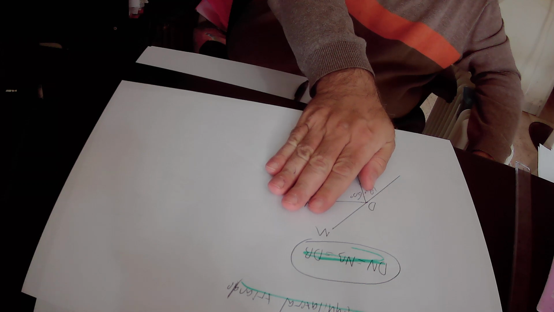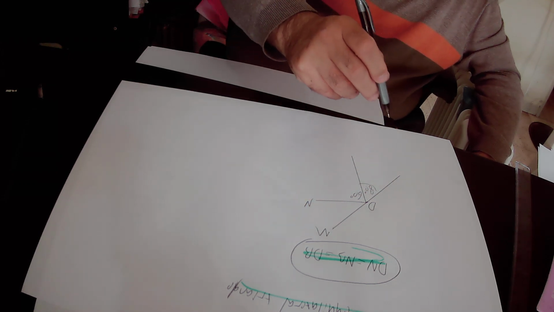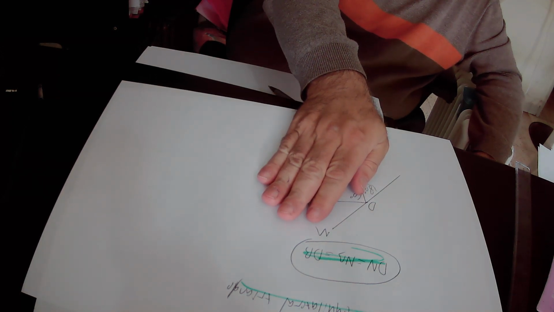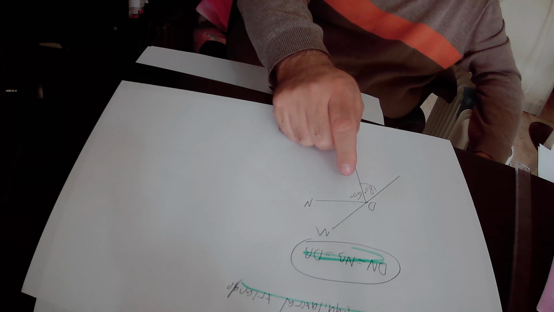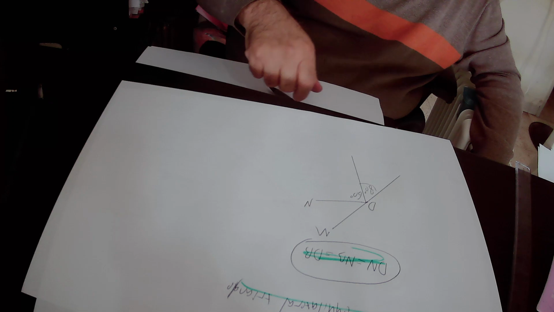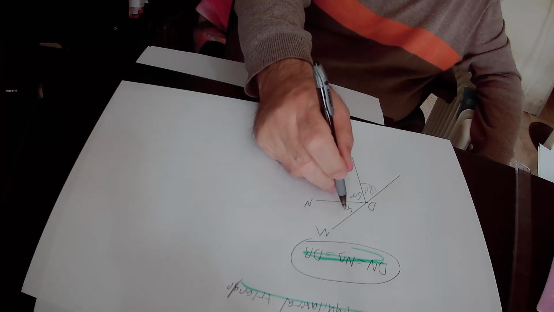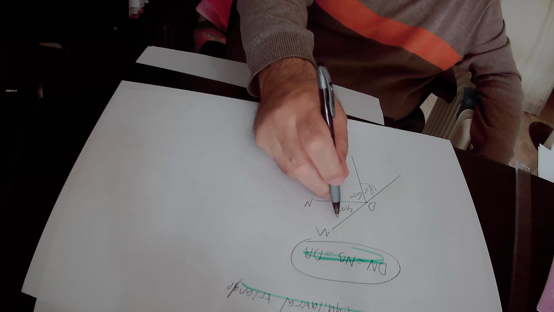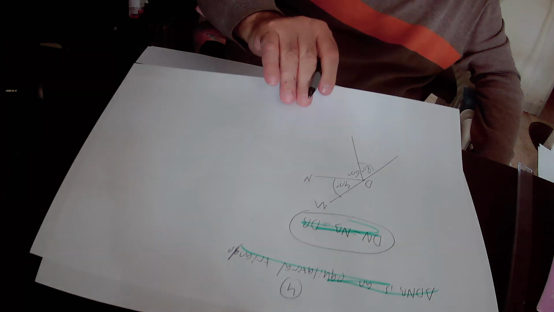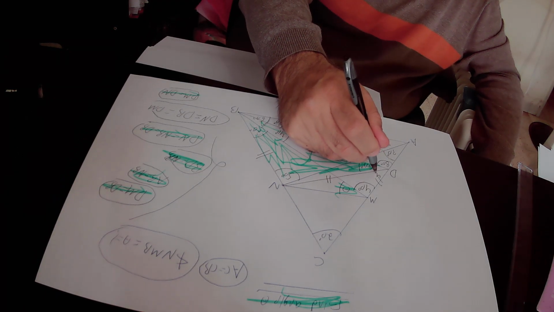So 80 degrees plus 60 degrees is 140 degrees. Therefore, the missing angle must be 40 degrees, since 40 plus 140 is 180 degrees. So the missing angle MDN must be equal to 40 degrees.